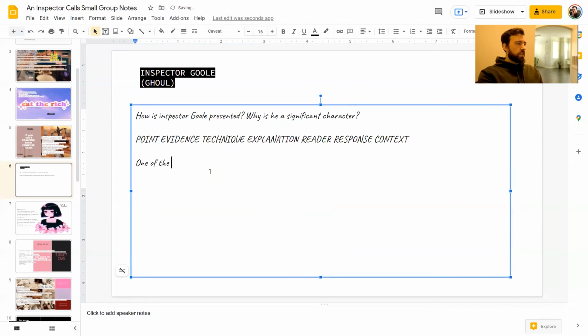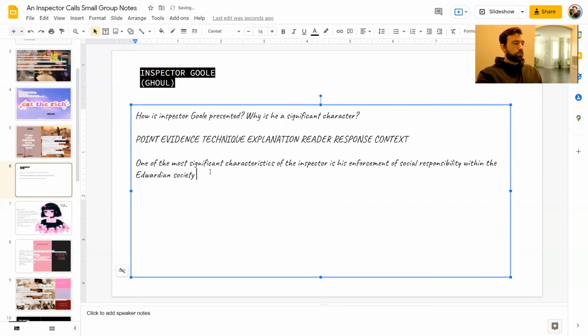One of the most significant characteristics of the inspector is his enforcement of social responsibility within the Edwardian society which he serves.